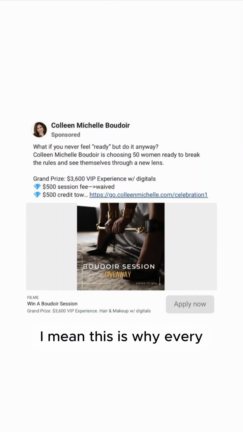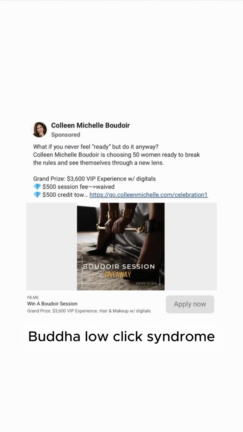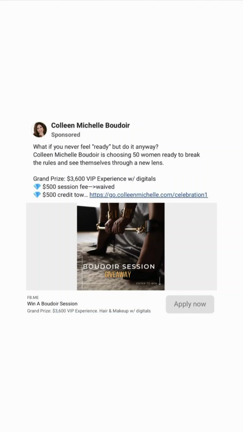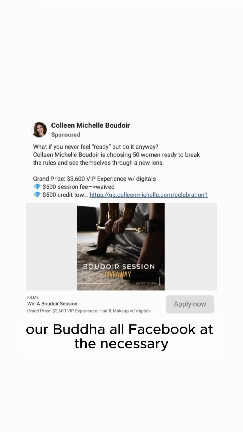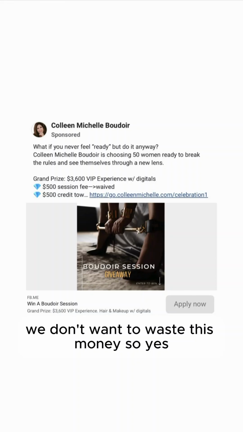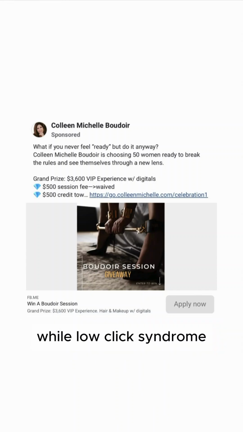I mean, this is why literally every boudoir Facebook ad I've seen has had BLCS, boudoir low click syndrome. So the consequence of this is way more women scrolling by our boudoir Facebook ad than necessary. We don't want to have to deal with this. We don't want to waste this money. So yes, this will pull our unique CTR under 6%, contributing to BLCS, boudoir low click syndrome.